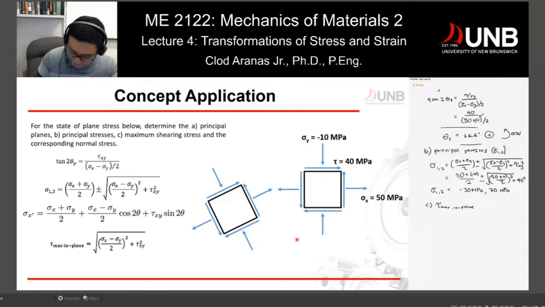So tau max in plane is equal to the square root of (sigma x minus sigma y over 2) squared plus tau xy squared.